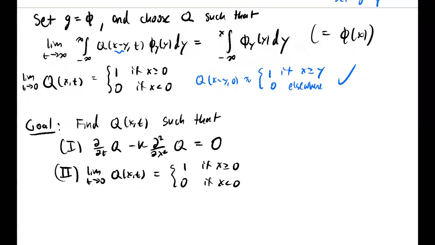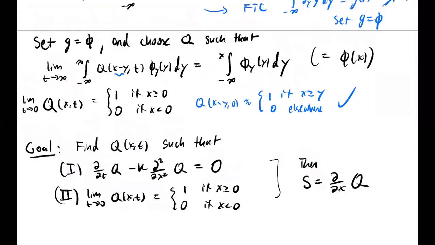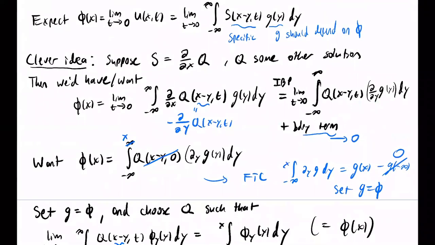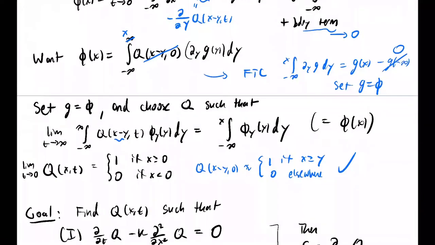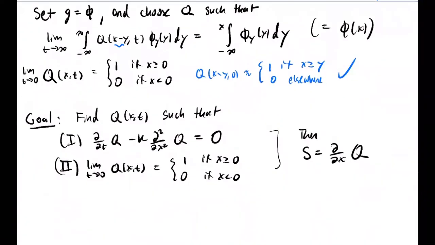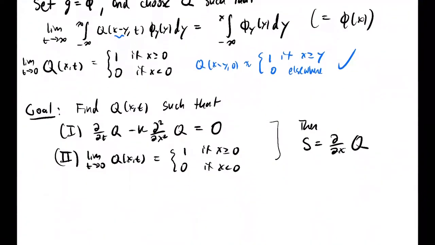Right? And so assuming that both of these work, then I would set my source function s to be the derivative with respect to x of q, as we saw up here, right? We saw this a minute ago. And then the final solution formula will be given by integrating against s.